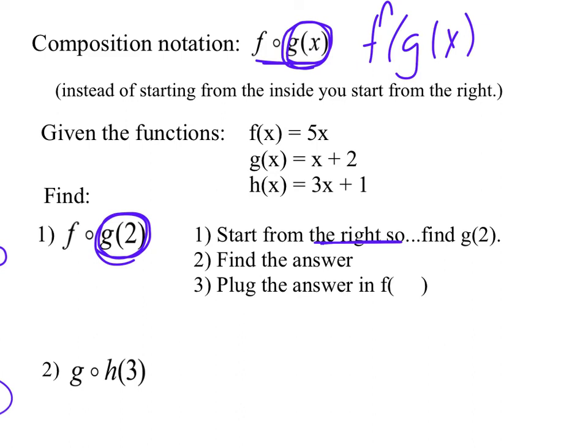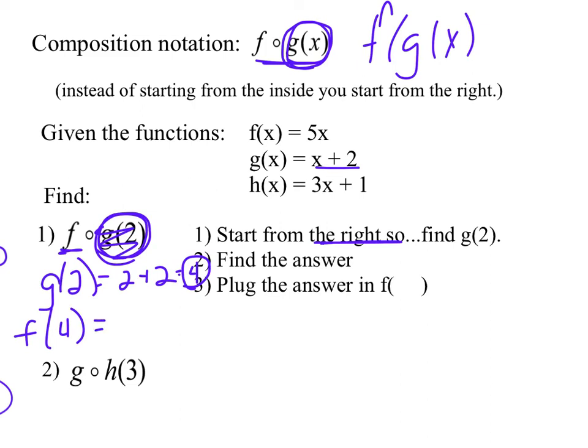So you do g of 2. And in this case, it's x plus 2. So 2 plus 2, we get 4. And then this is done. So now we take this answer and plug it in f. So that's it. It's really not much different. f is 5 times x. This is f up here. 5 times 4. So we get 20. And that's it. So let's just give this one a quick try.